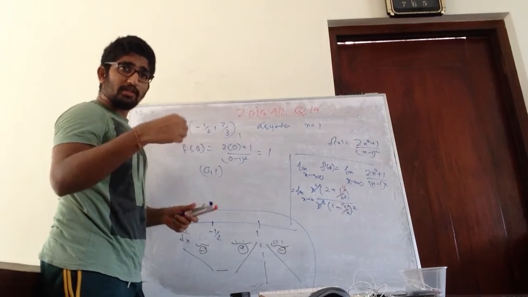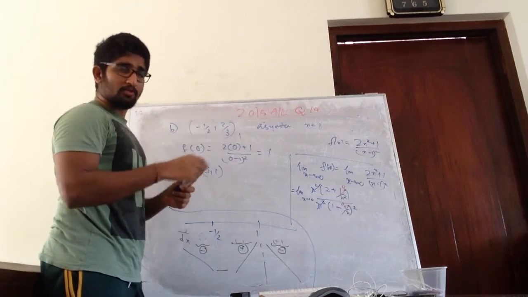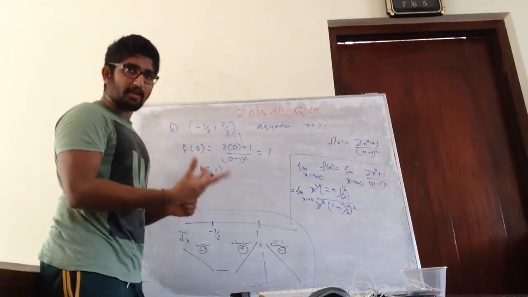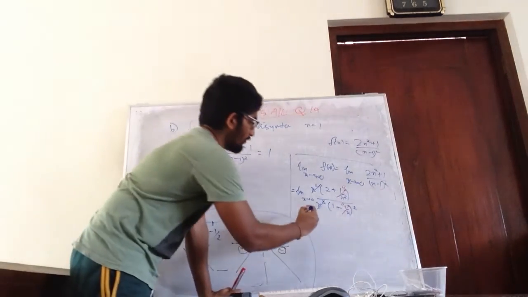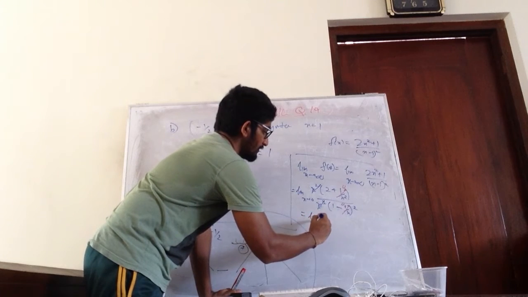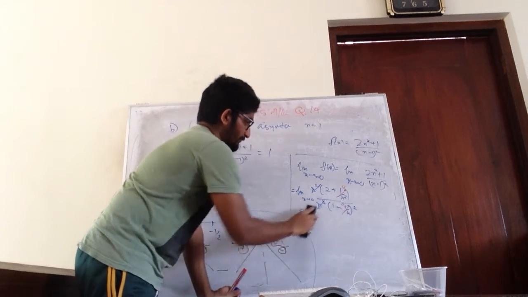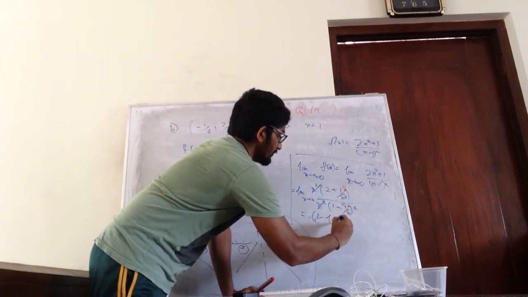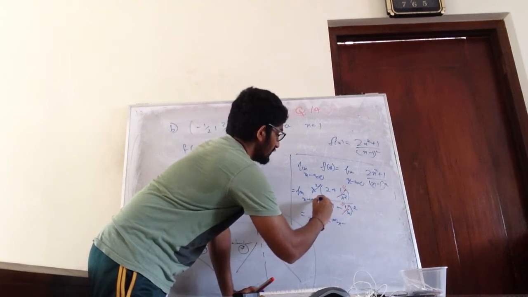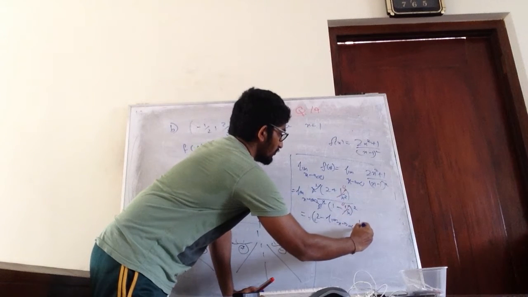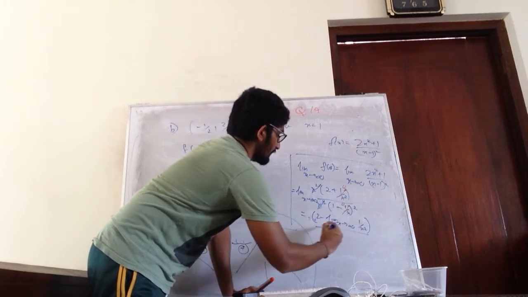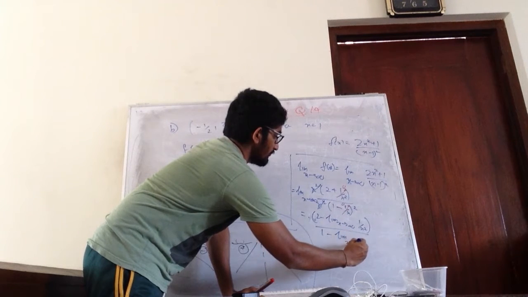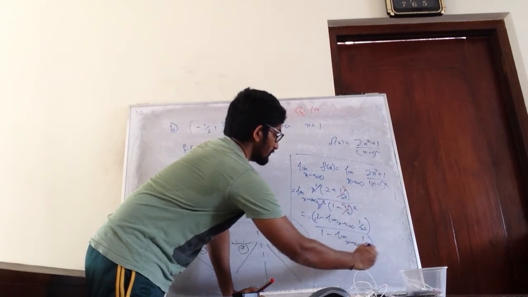In order for you all to be clearer, you can actually write it like this if you want. You can put the limit inside: 2 minus the limit as x goes to infinity of 1 over x squared, over 1 minus the limit as x goes to infinity of 1 over x.